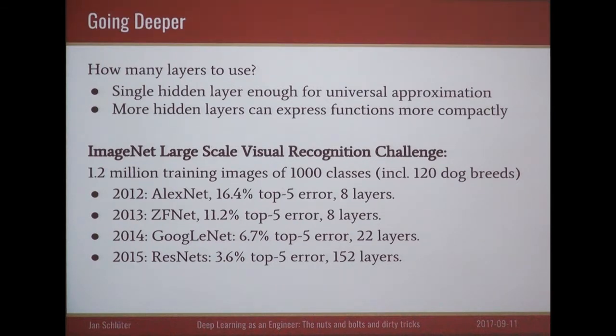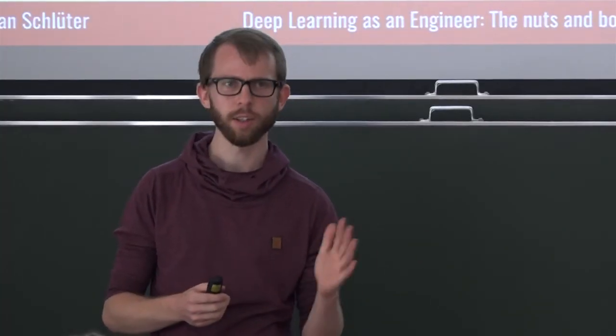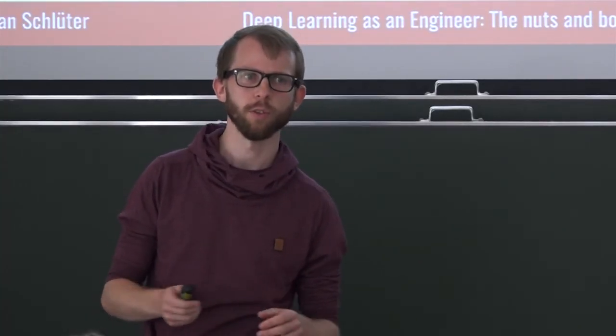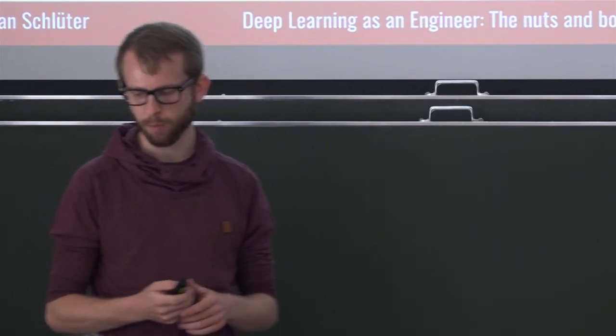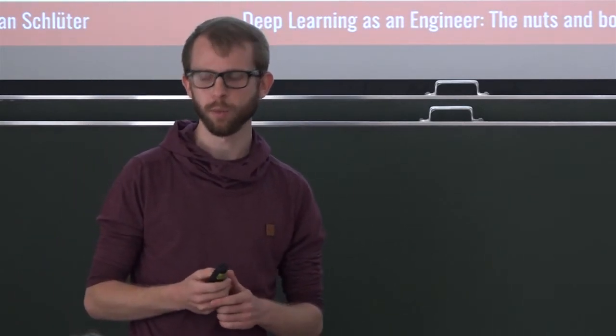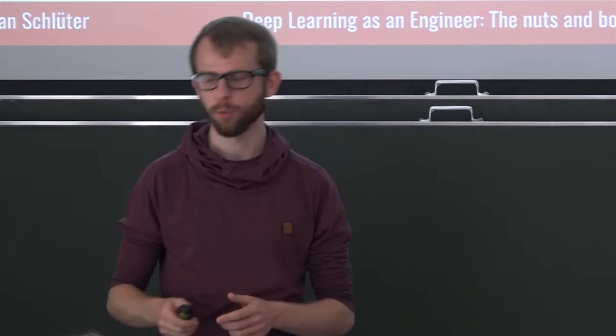One question is, how many layers should we use? We've seen that 2 layers or a single hidden layer is enough for the universal approximation theorem. But if we have more layers, then we can express some functions more compactly.